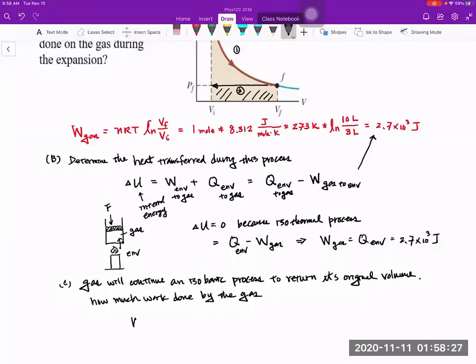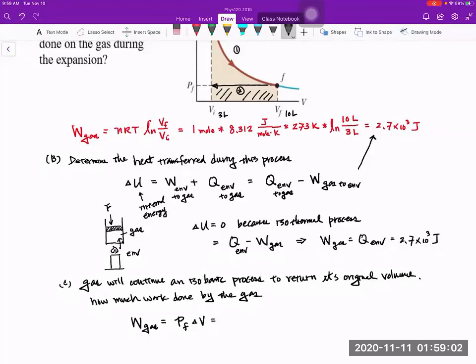So the work done by the gas is going to be equal to the P at the final situation times the change of V. Now for this change of V, you have to do a calculation. We know the change of V is that you start with this one here, which is 10 liter, and this is 3 liter.